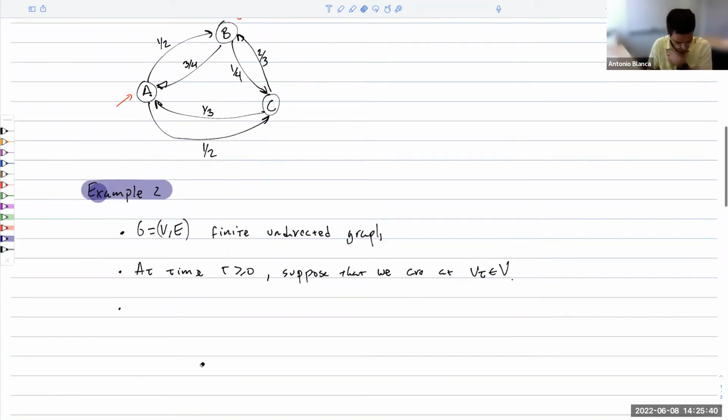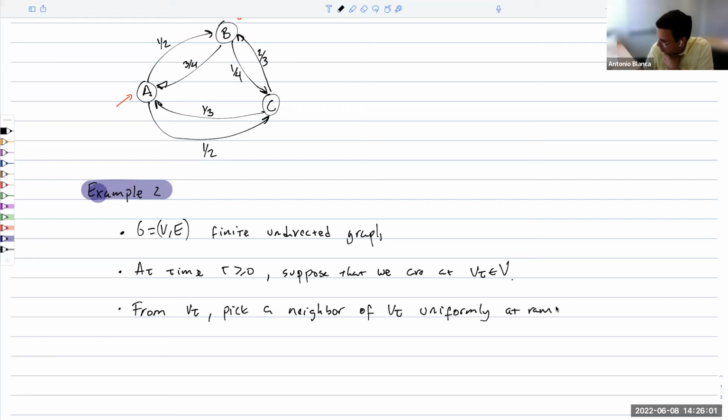So from v_t, pick a neighbor of v_t uniformly at random and go there.